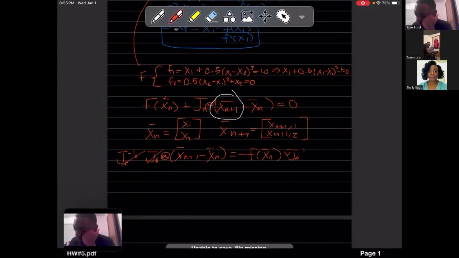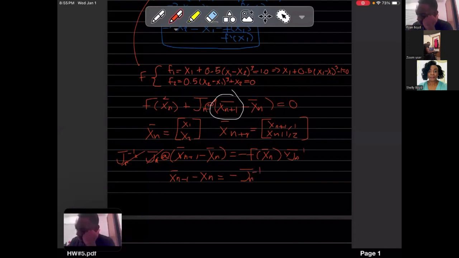So that leaves us with x of n minus 1 minus x of n. I don't need the parentheses anymore. Is equal to negative of the inverse Jacobian.